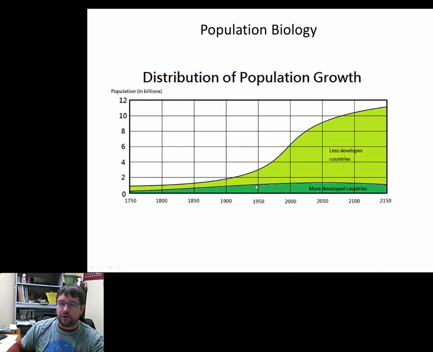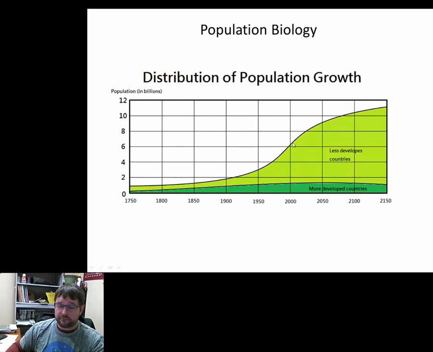Developed countries have been growing since the 1750s, but we expect them to start teetering off. Most of Europe has dropped off, and lots of Europe has negative growth. The United States has a little bit of positive growth still, Canada positive growth, but it's these less developed countries where the populations are exploding.